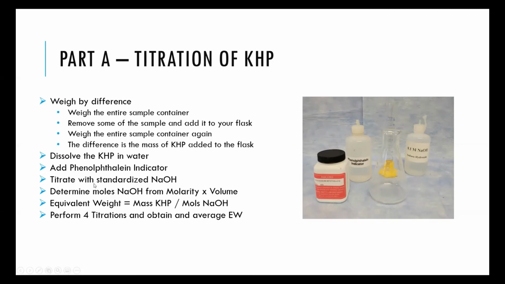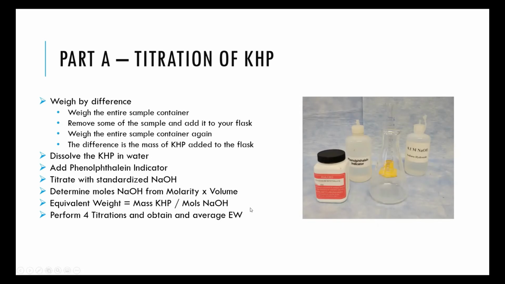So you'll use the standardized sodium hydroxide to titrate, and then determine how many moles of sodium hydroxide were used by multiplying that specific molarity times the volume from your burette, and determining the equivalent weight of your particular sample. That's the mass of your sample divided by the moles of sodium hydroxide.